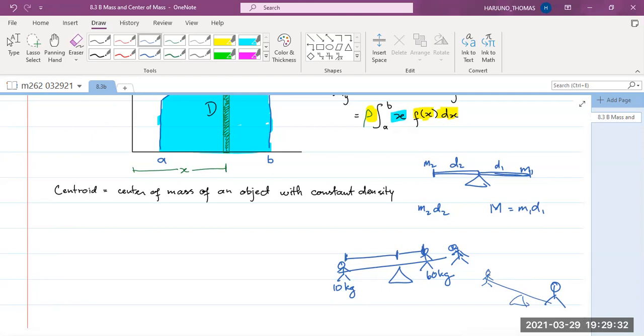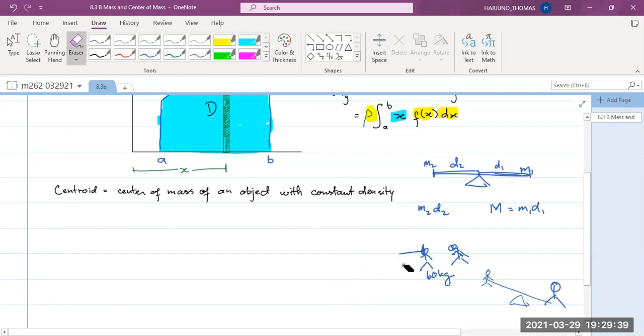Now what we meant by the moment is again distance times the mass.